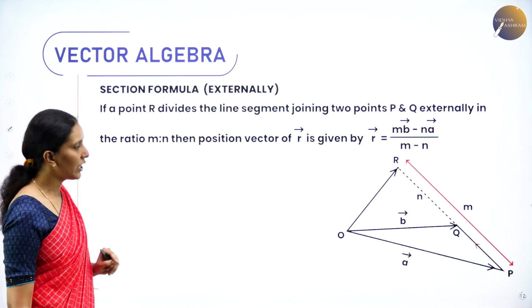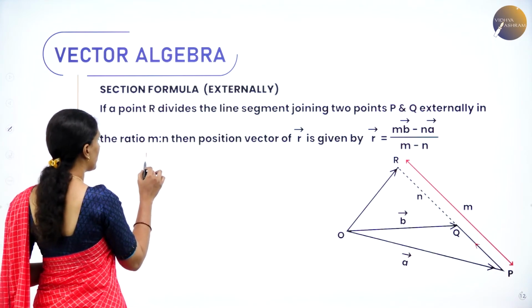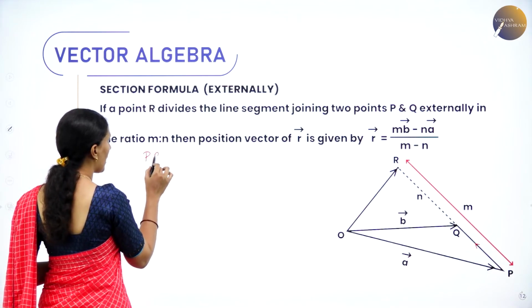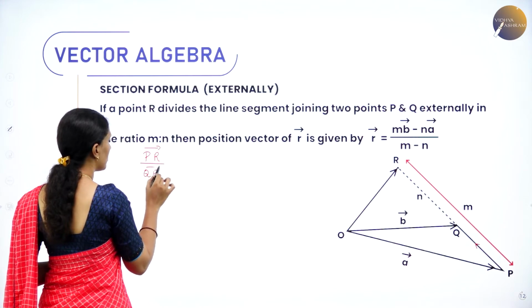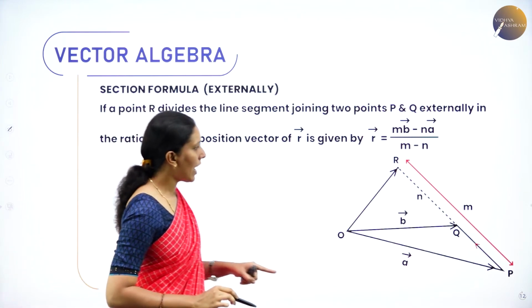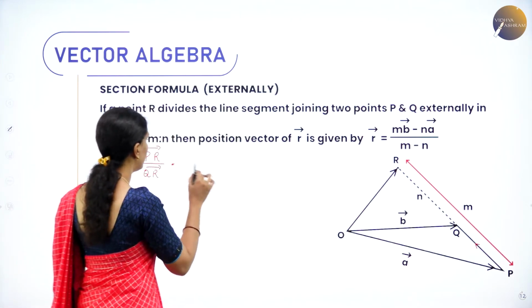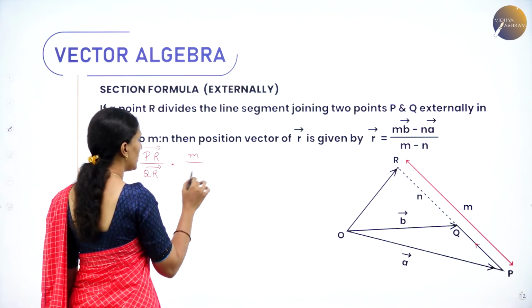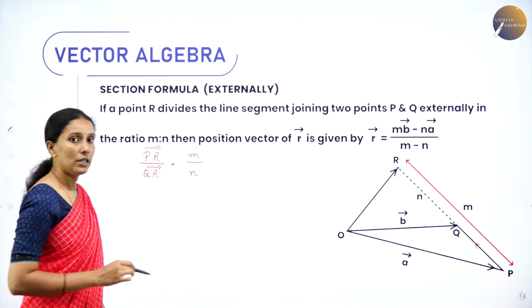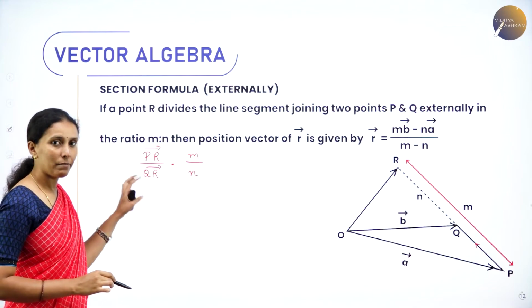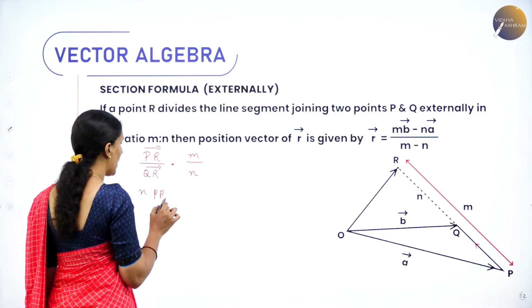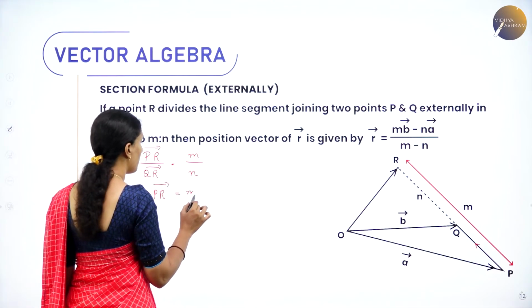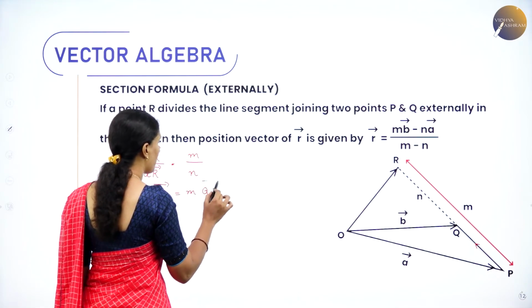Now from the figure, again, I'll write this as PR by QR. So what is PR? PR is M. And what is QR? It is N. So again, using the same verification here, I can write N into PR is equal to M into QR.